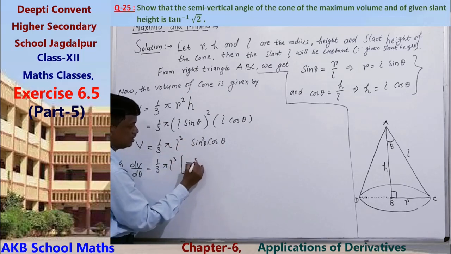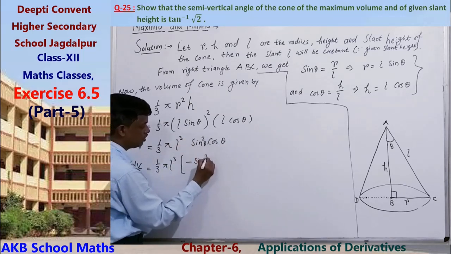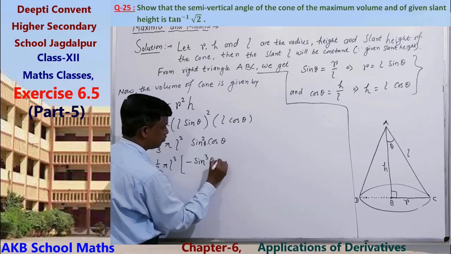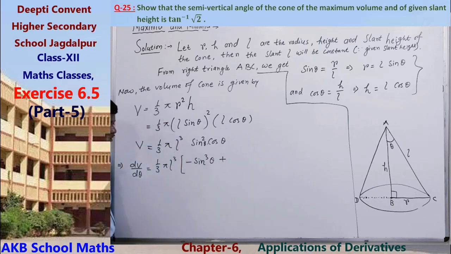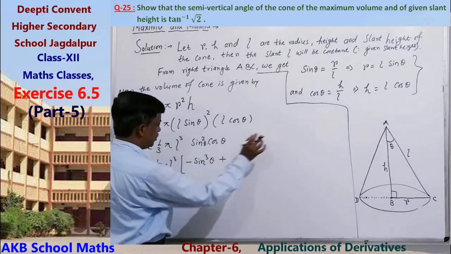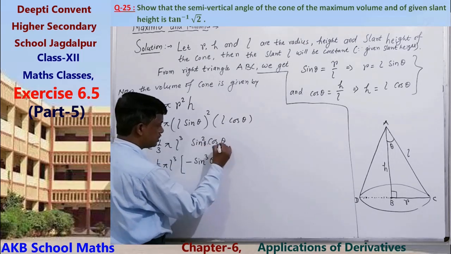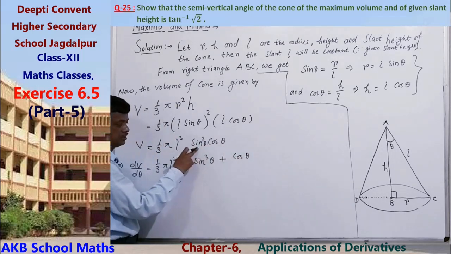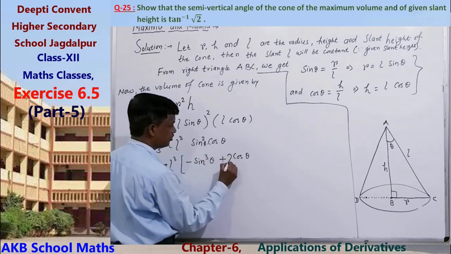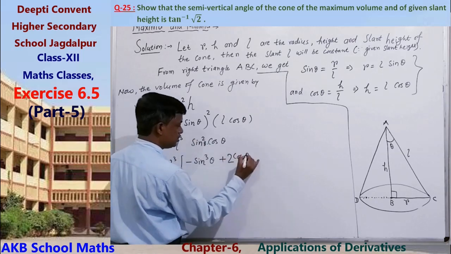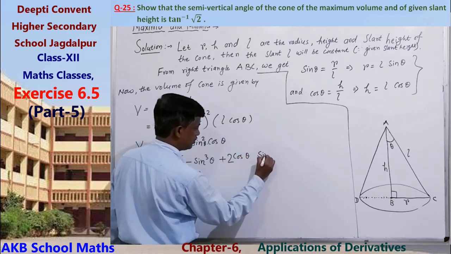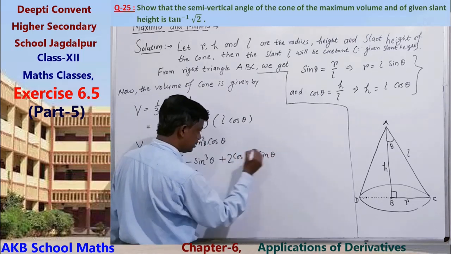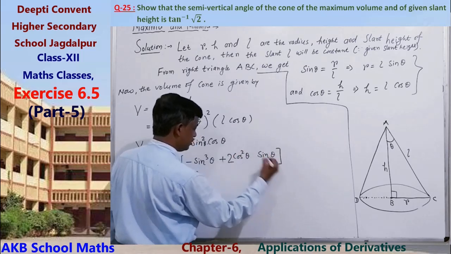So minus sin³ theta, plus first function cos theta into second function 2 sin theta cos theta. 2 sin theta cos theta means cos² theta.